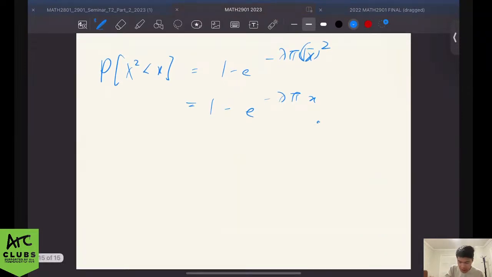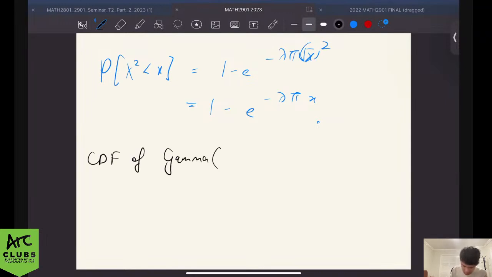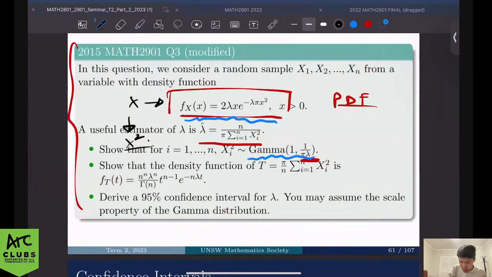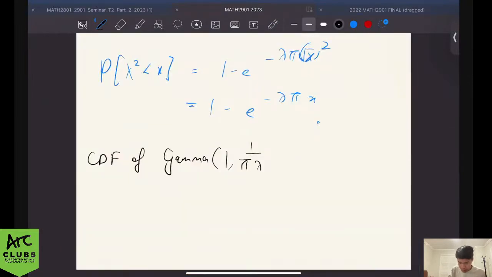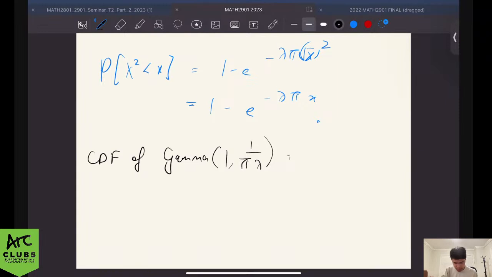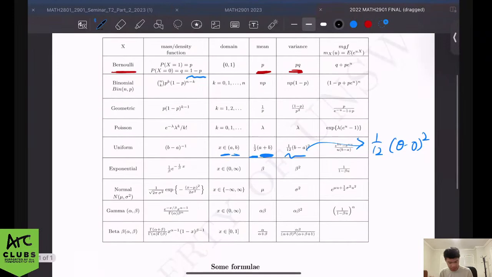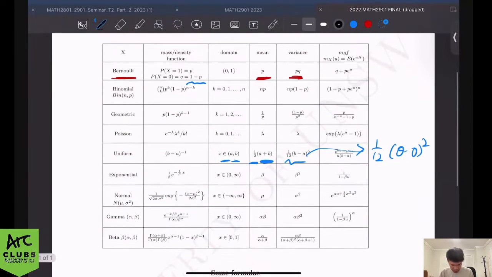All right, CDF of gamma distribution. Oh yeah, so they don't actually give the CDF here, so there's no CDF.